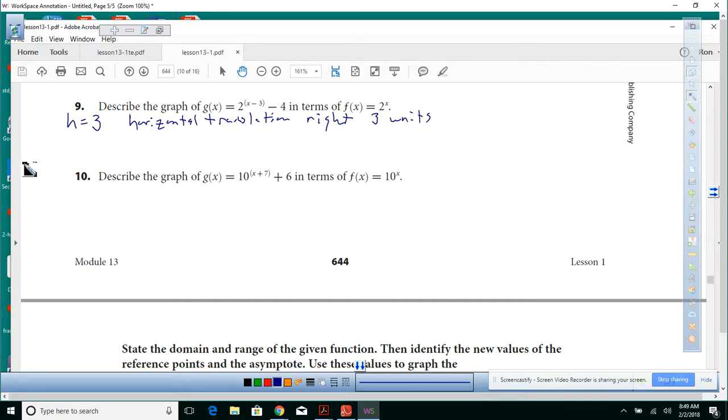And then k equals negative 4, so that's going to be a vertical translation down 4 units. Not bad.